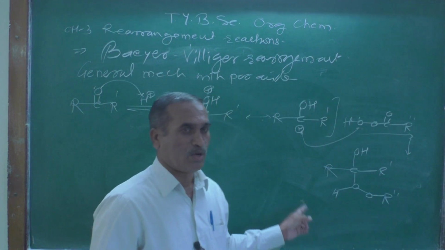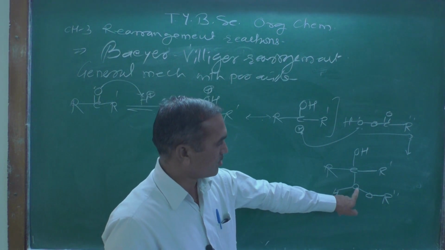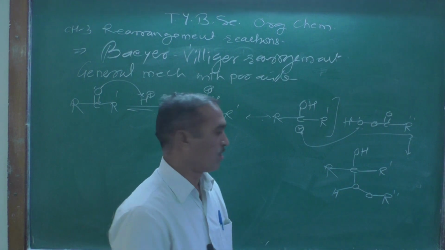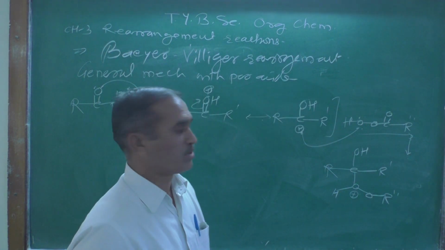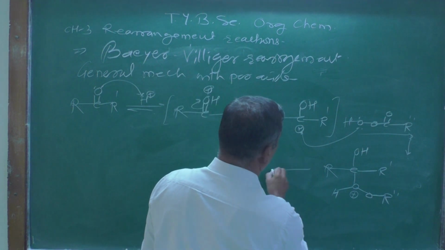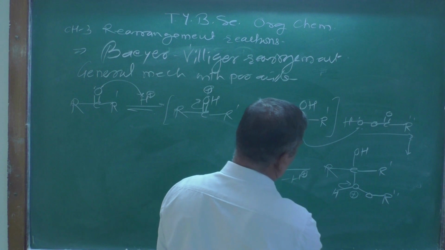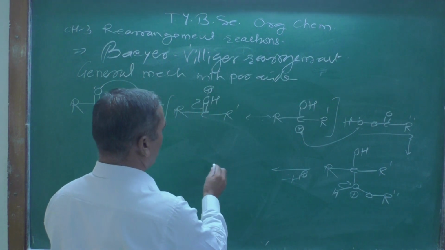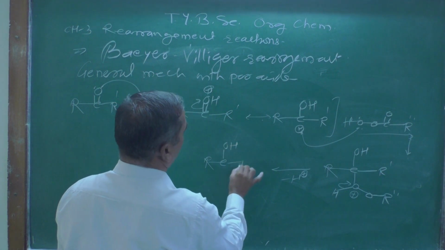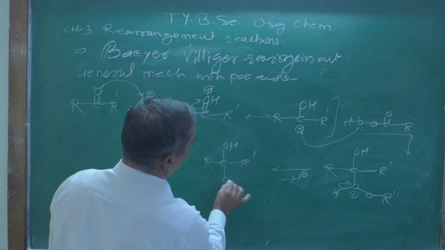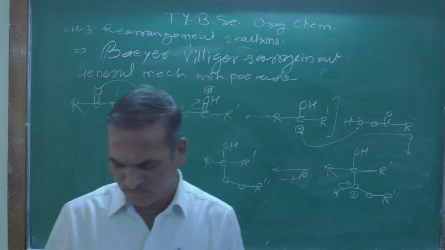Now look, observe this structure carefully. What do you see? One of the oxygen atoms has 3 bonds, and therefore I must put the positive charge on that oxygen atom. In the next step, what is going to happen? There is a loss of H plus. Proton is lost, and you are going to get R C O H, then R dash O, then O, and R double dash over here.